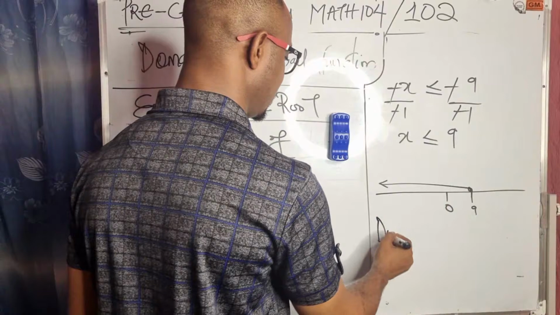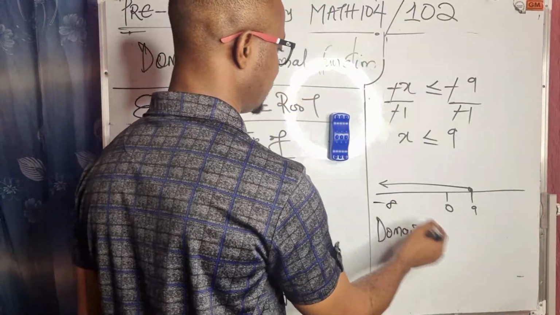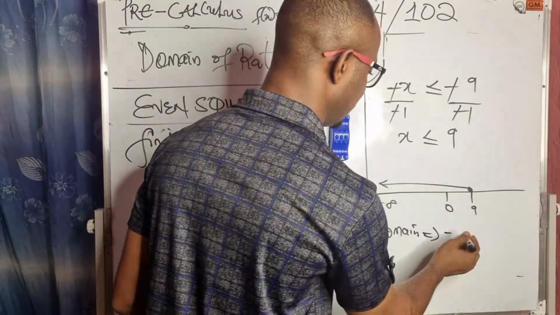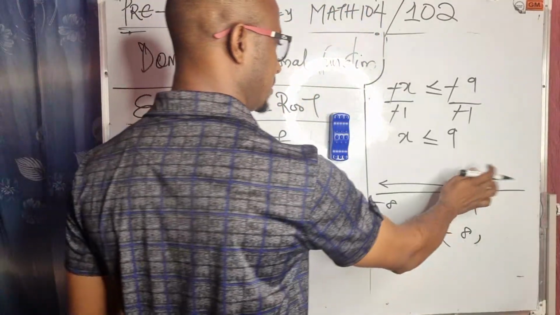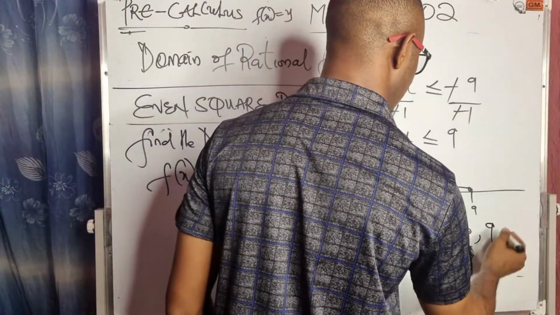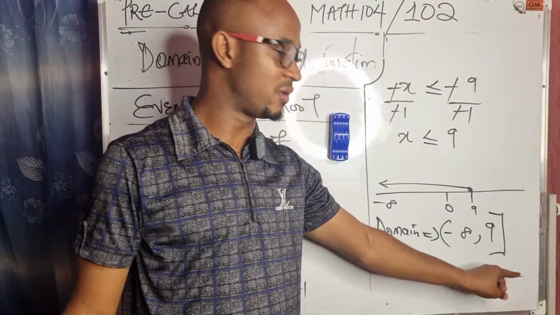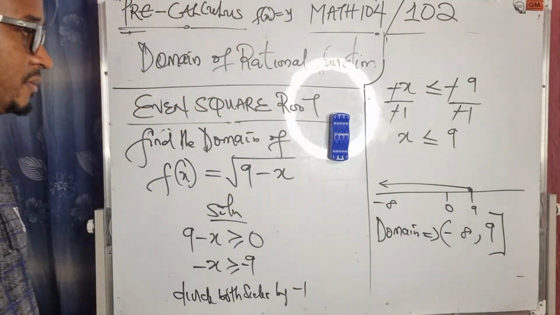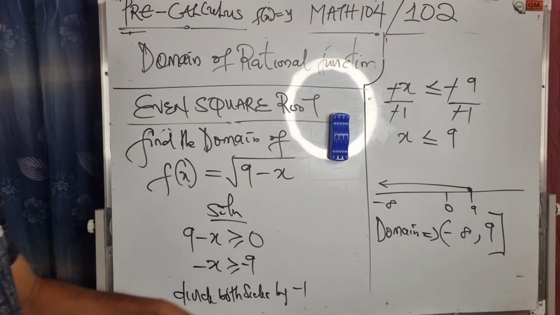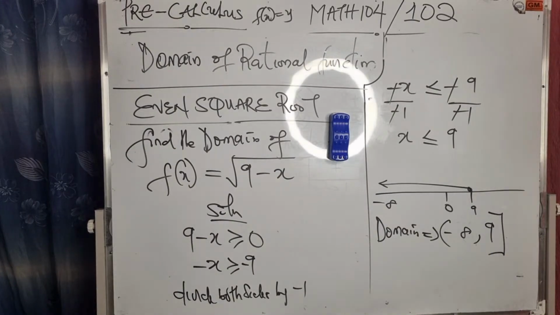So the domain becomes negative infinity to 9 itself. In this case, 9 is included, so I will use this kind of bracket to illustrate that 9 is part of the domain. It's from negative infinity to 9, because we are told that it is less than or equals to 9.